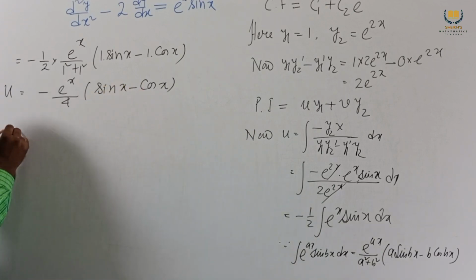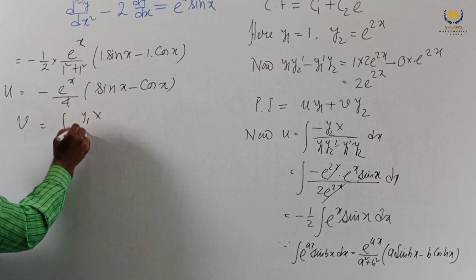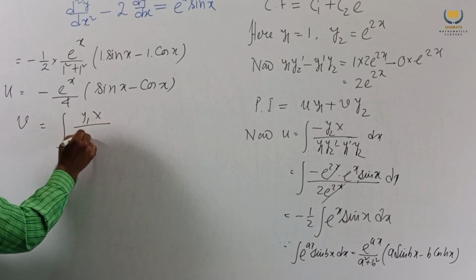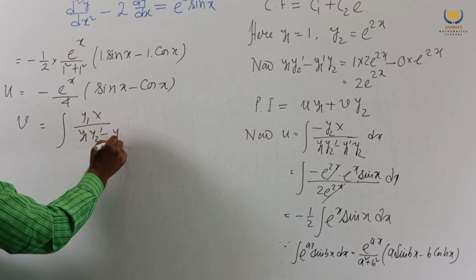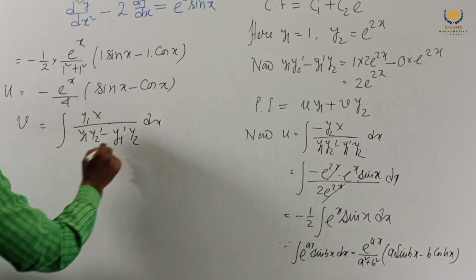Next we consider v equal to integration of y1 X by y1 y2 dash minus y1 dash y2 dx.